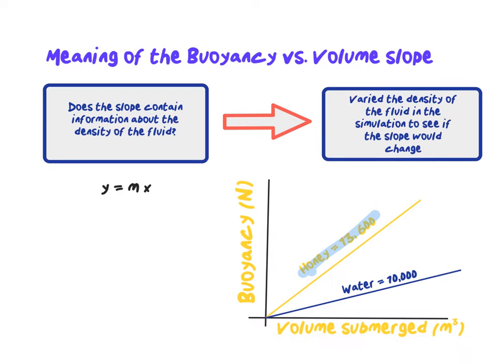We've said y is B, x is volume, and now I can assert for sure that the slope, m, is the density of the fluid times the gravitational field, rho times g times V. Now, we oftentimes reorder this, and we'll see why in a minute, so that the buoyant force is equal to rho times V times g.